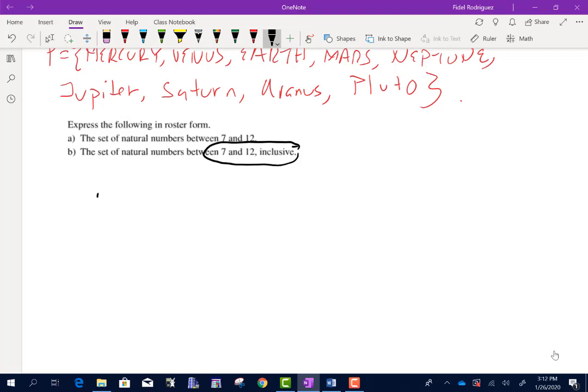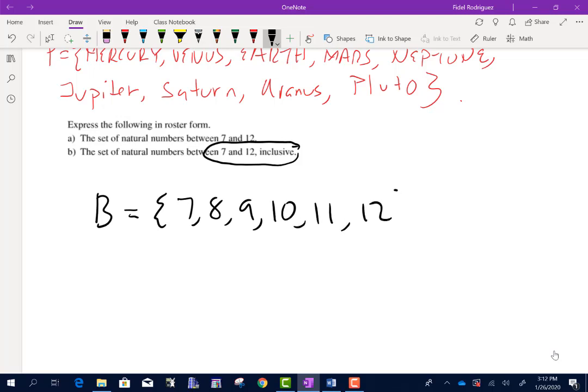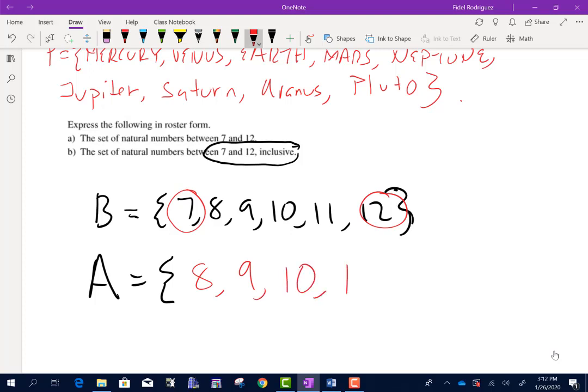So if I were to do part B first, I would go 7, 8, 9, 10, 11, and 12. So there we go. And then my set A, if it's not inclusive, I'm not including the 7 or the 12, so then we would just start with 8, 9, 10, and 11.